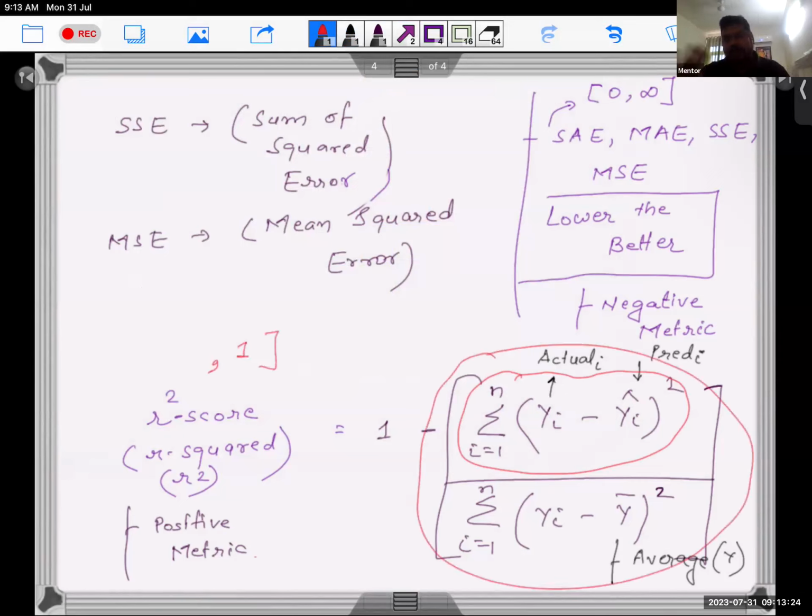When yi hat becomes equal to y bar, every prediction is equal to a constant. So regardless of the input, if you always predict the output as the average value, don't you think it's a constant model?